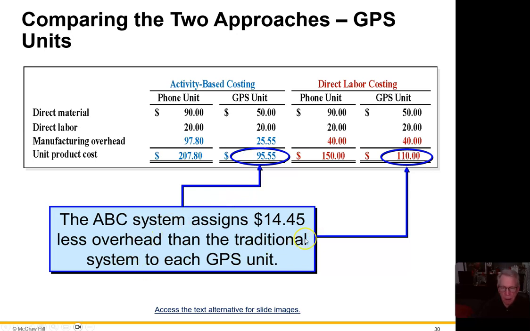The ABC activity-based costing system assigned $14.45 less overhead than the traditional system did to each GPS unit, whereas the traditional phone unit goes from $150 to $207.